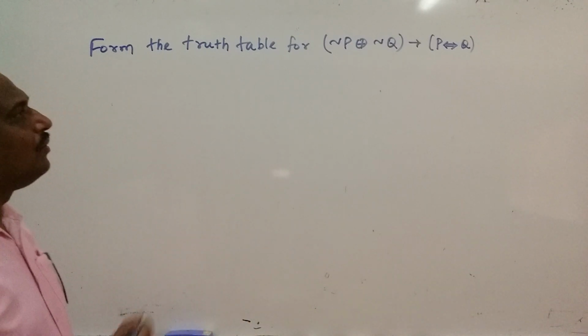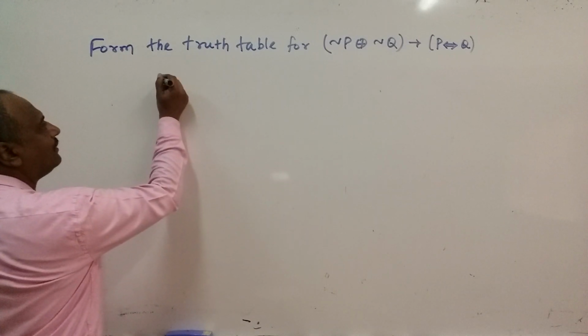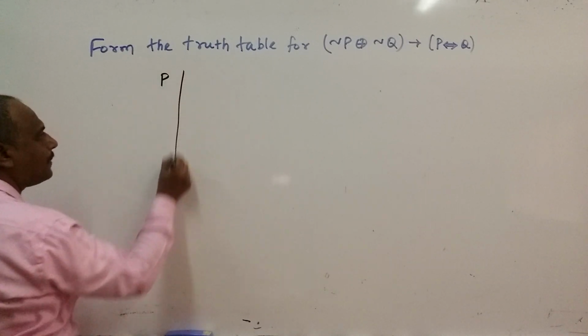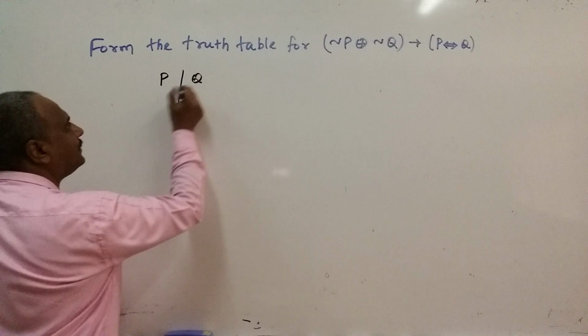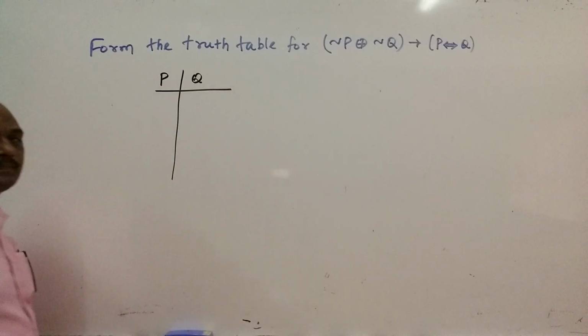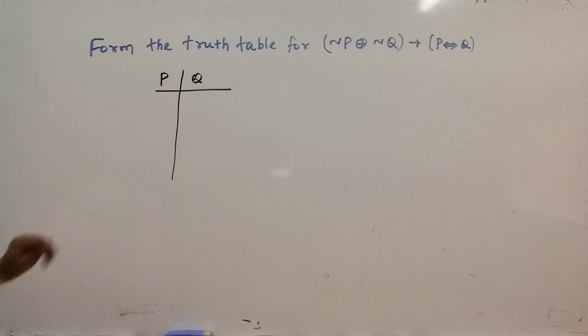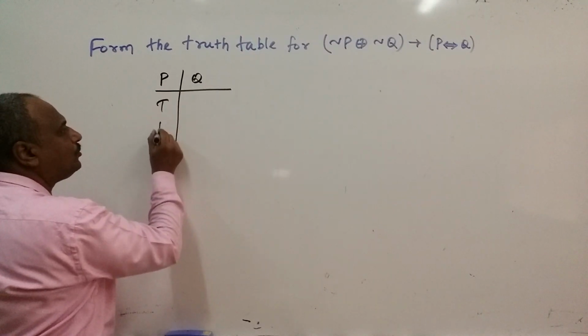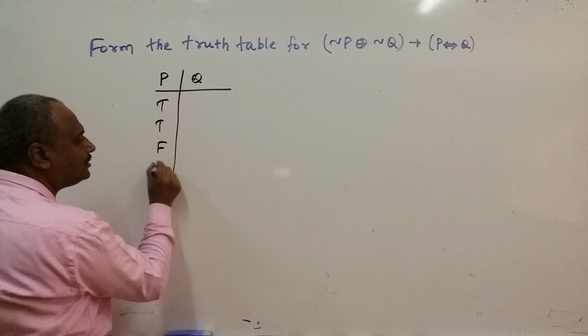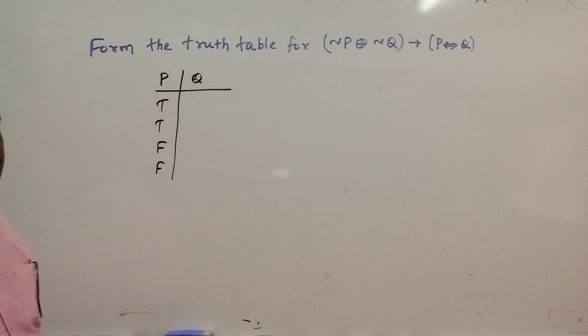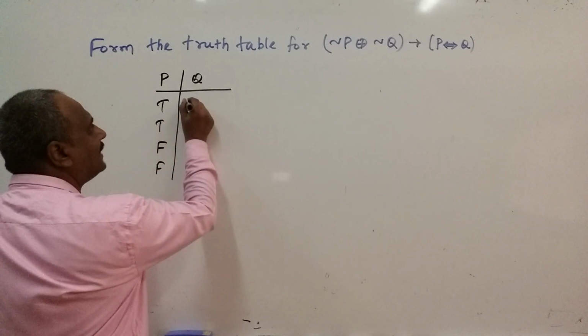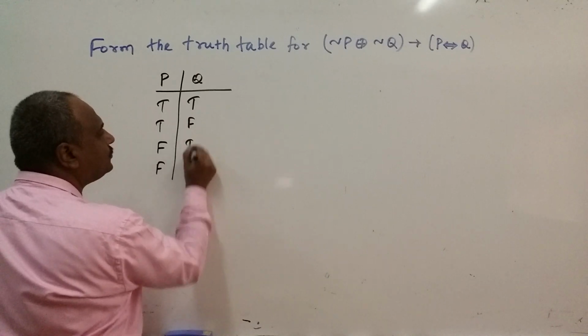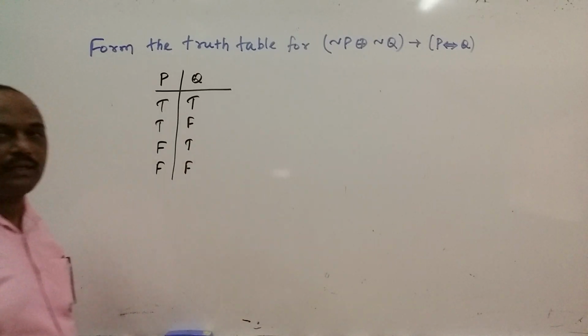What is given here? I have the first statement P, and the second statement Q. We take P as always true, true, false, false, and Q as always true, false, true, false. Correct?